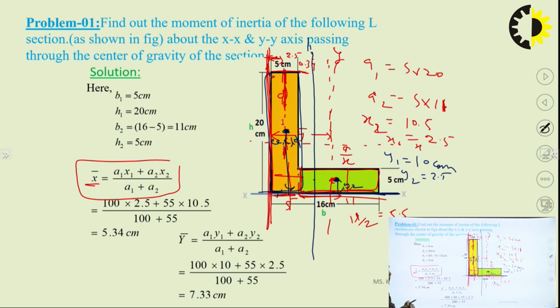So easily you can find out the centroidal values by these formulas, finding a1, a2, x1, x2, y1, y2. x1 is nothing, it is the distance between CG and whatever reference line you take, like extreme bottom or extreme left. So at that time it is the distance from extreme left to the CG of that particular cross section.